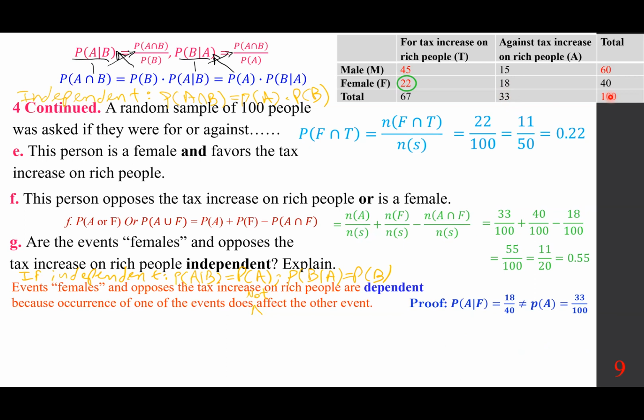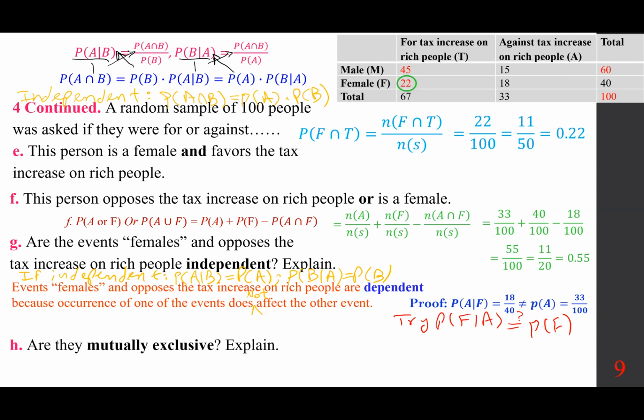Now, I suggest you try probability of F given A. So I'm going to write it down, try finding the probability of F given A. See if it's equal to probability of F. And by the way, you don't have to do that because we've already proved it, but this is for practice.